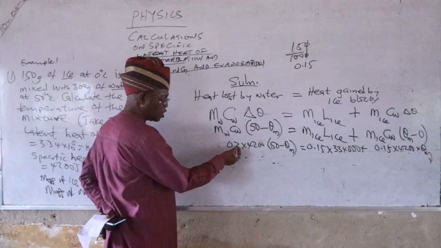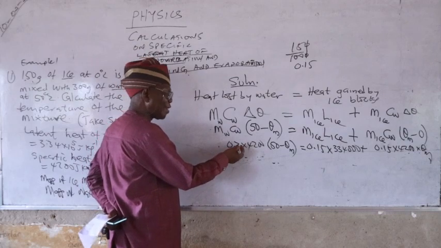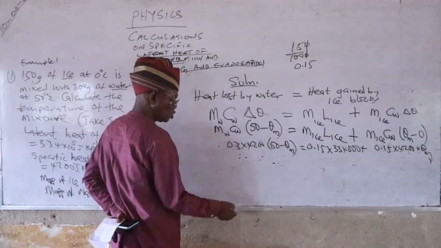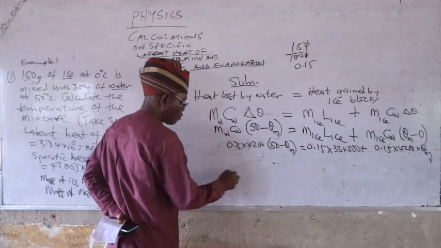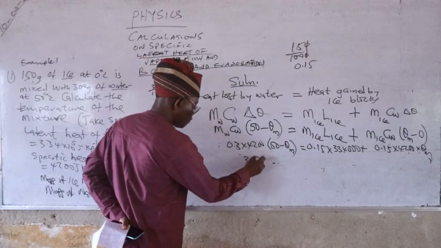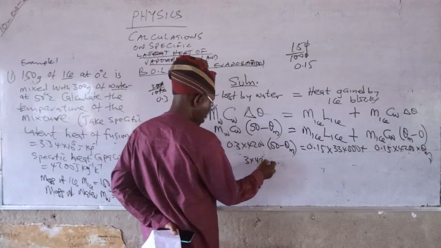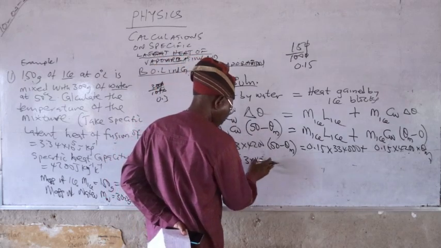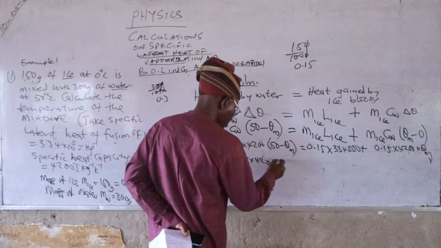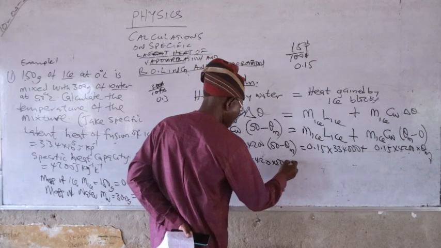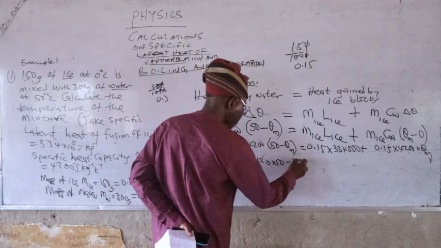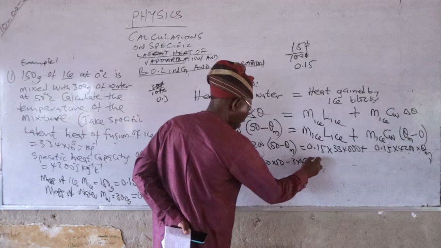So I want to turn it to a fraction. 3 over 10, we cancel this. And what do you have? You have 3 times 420 times 50. That's it. Then minus 3 times 420 times theta.